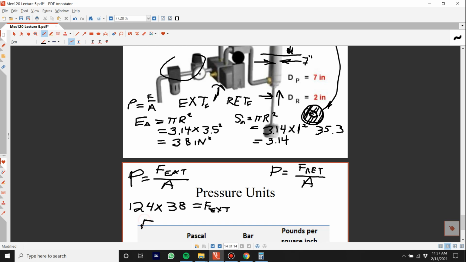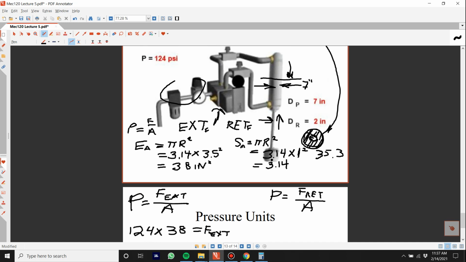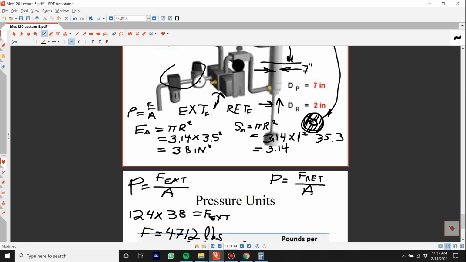So force is 4,712 pounds. And then in this example, if we had a door that was 4,000 pounds in weight, this could push it out no problem.